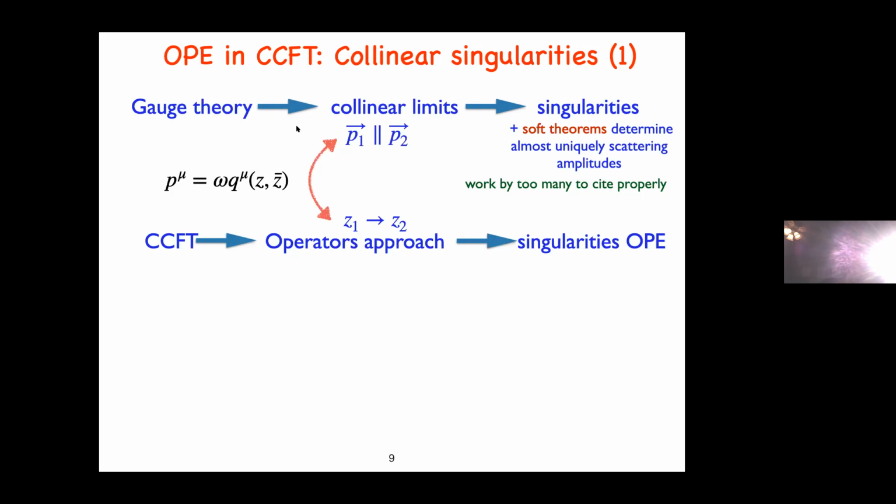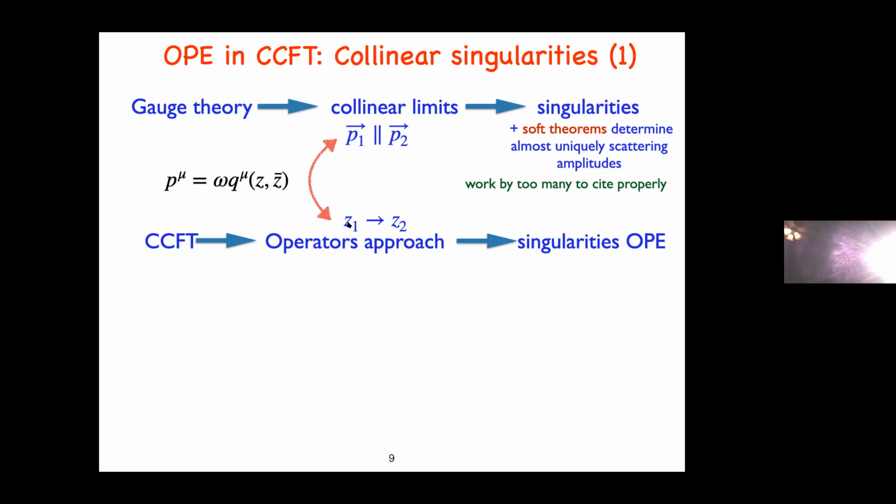The very interesting thing about this parametrization that we use for the momenta, which we write in terms of energies and this null vector, is that when two momenta become collinear, this corresponds on the celestial CFT to two operators approaching each other on the celestial sphere.